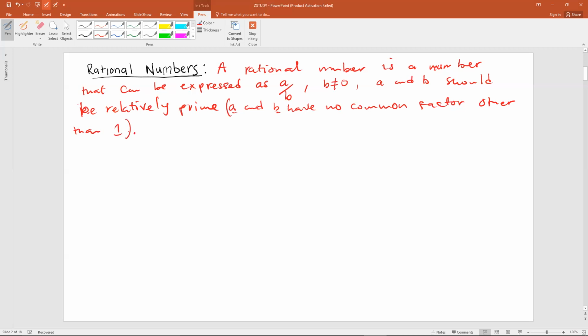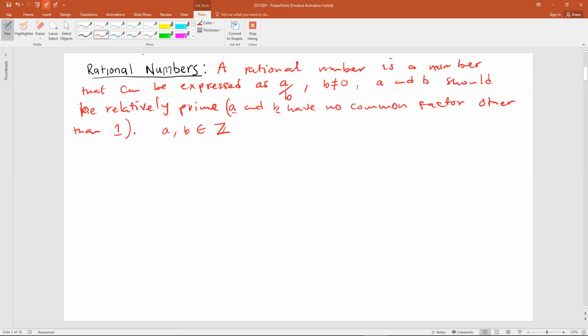And A and B both should be integers. Then that is fit to be called a rational number.